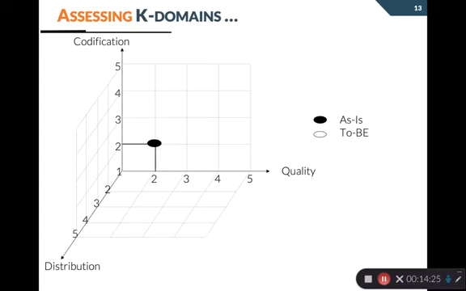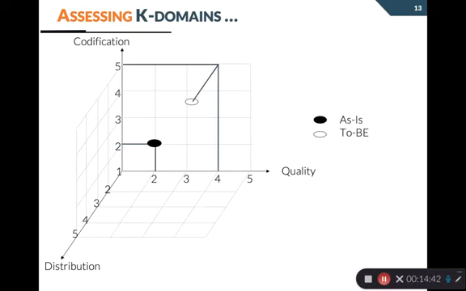For instance, one knowledge domain might be low on the quality, number 2, low on the codification, number 2, and almost monopoly, number 1, on the distribution. But this is the current situation.